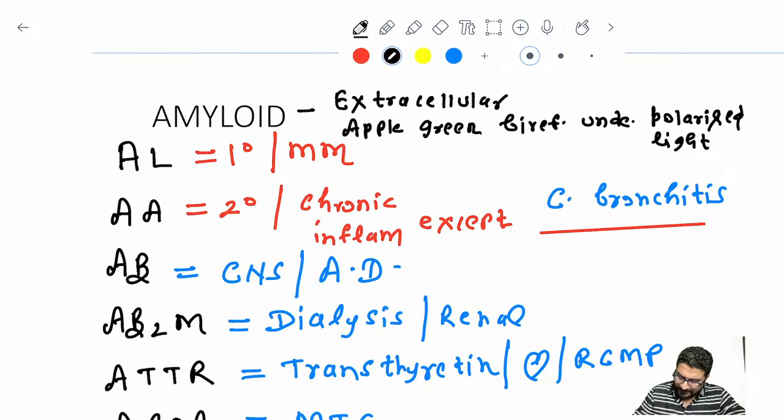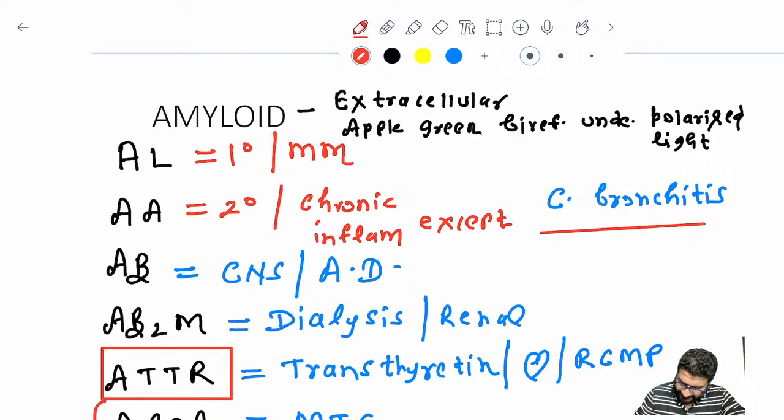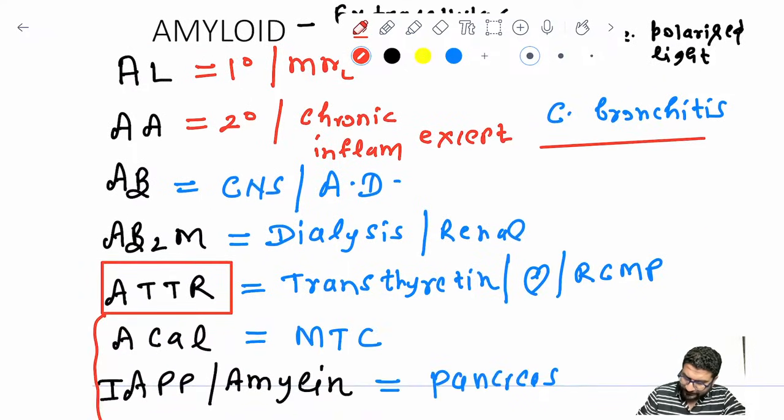Okay, just remember, this is not important for FMG but important for NEET PG. ATTR amyloid you will see in 2 familial syndromes. First is called senile systemic amyloidosis.